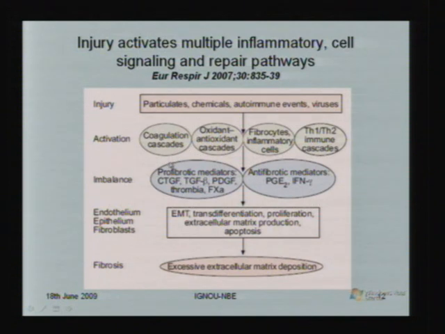So there is an imbalance between the pro-fibrotic mediators and the anti-fibrotic mediators. And eventually there is epithelial mesenchymal transformation, transdifferentiation, proliferation, and extracellular matrix production, leading ultimately to the laying down of a huge amount of fibrotic tissue, with excessive extracellular matrix deposition.